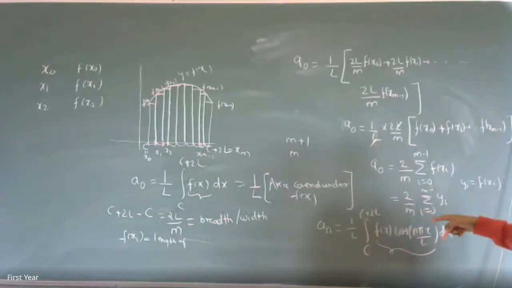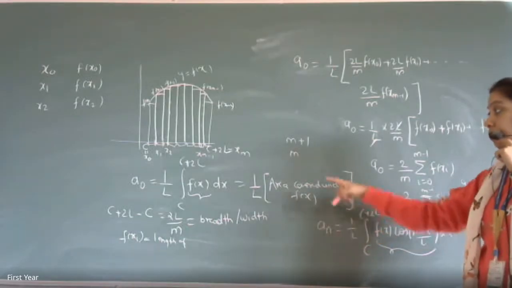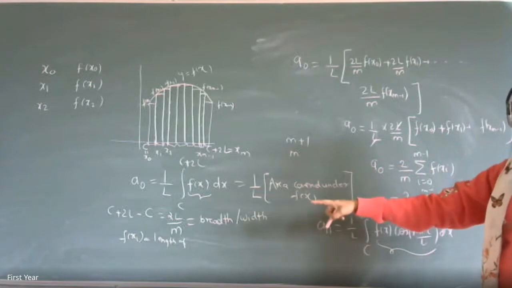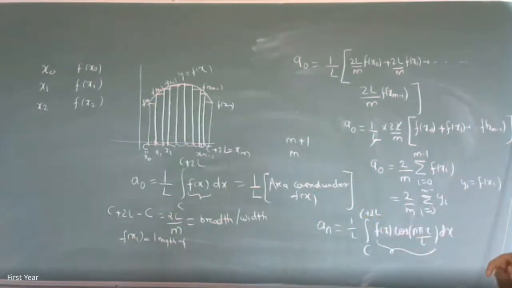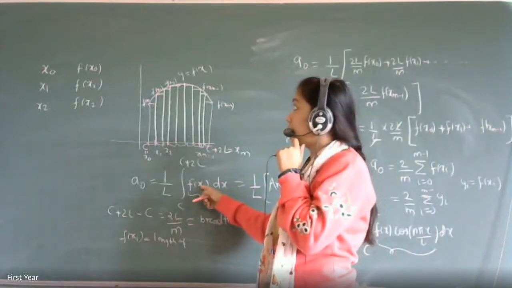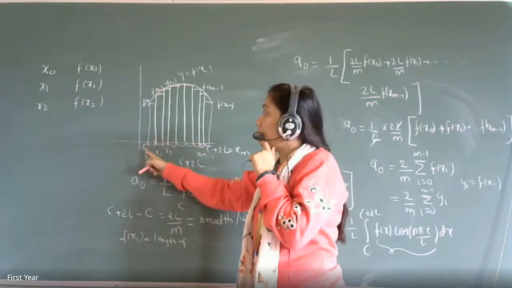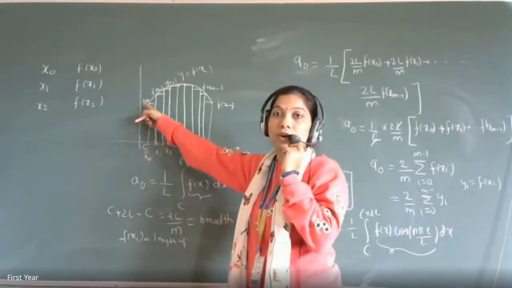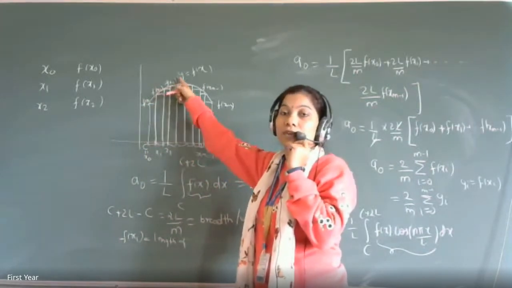Okay, fine. See here, we found the formula for a naught. What did we do? We tried to draw the curve discrete-wise, not continuous-wise, with the help of rectangles. That time, the curve under which I was finding the area was f of x. So the heights I took for x naught were f of x naught, then f of x1, f of x2, and so on.